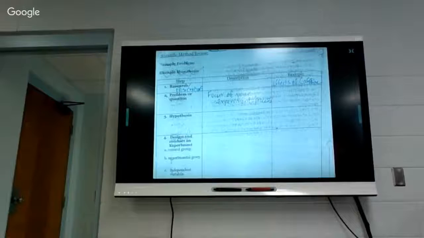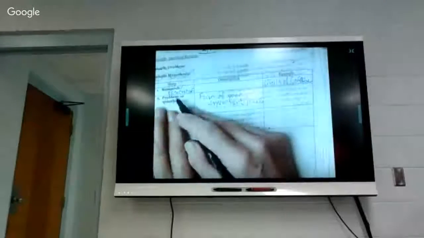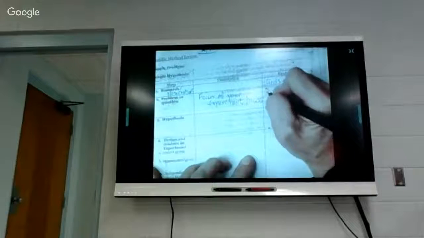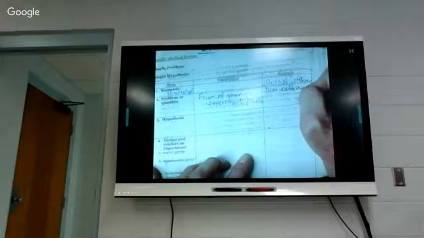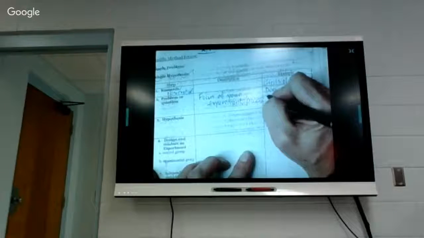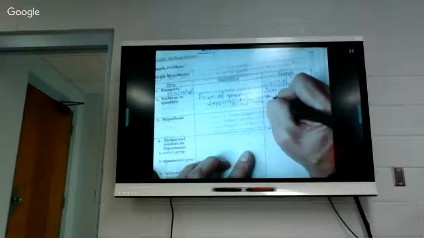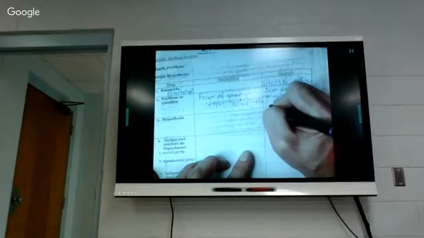So let's say that our problem, let's use the heart rate thing. So the problem or question is, does caffeine stimulate an increase in heart rate?